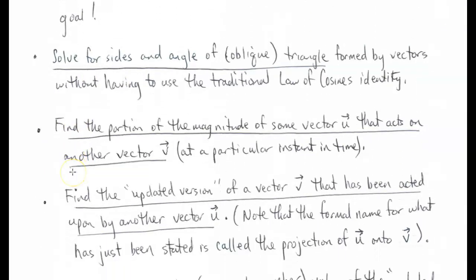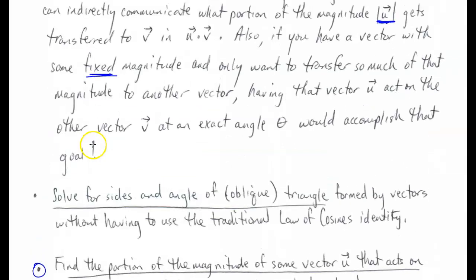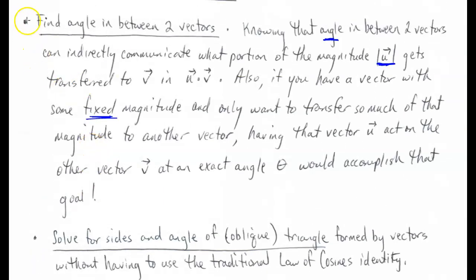These next two points that I bring up, which are find a portion of the magnitude of some vector u that acts on another vector v, and find the updated version of the vector v that has been acted upon by the vector u, really go back to this first point here. I am just explicitly listing, all right, well, what are those things that we'll actually find?